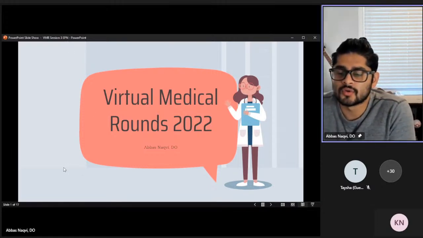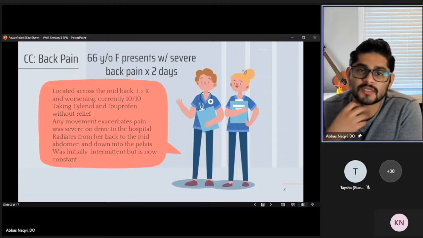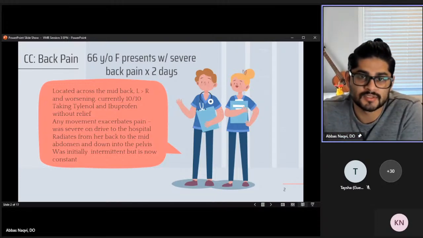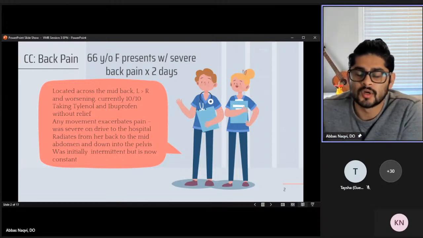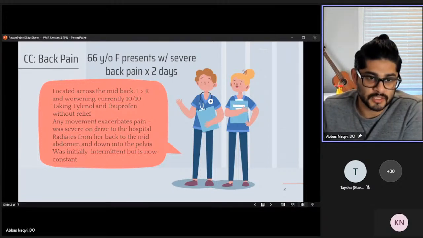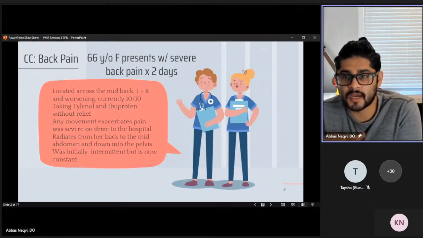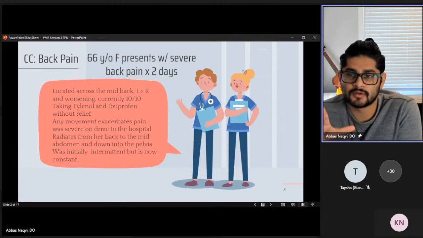All right. So today's case is on a 66-year-old female who's presenting with severe back pain for the last 2 days. Okay. So already we're seeing it's not our traditional chest pain case. It's located across the mid back, left side greater than right.